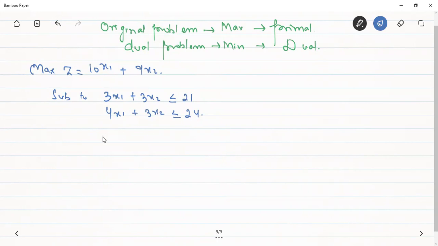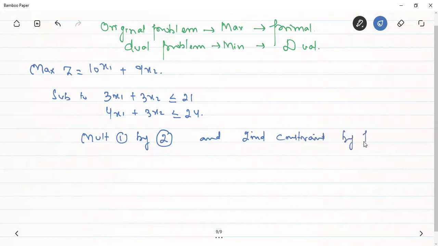So what I could have done here is multiply the first constraint by 2 and the second by 1 and add them.